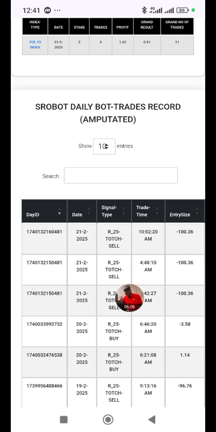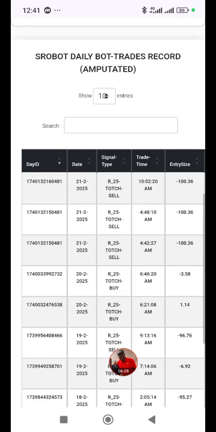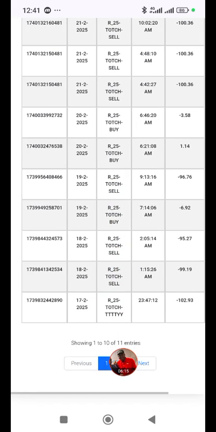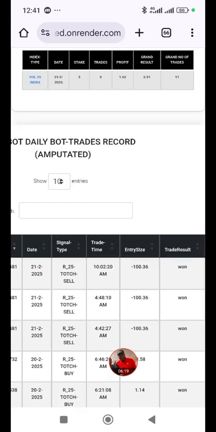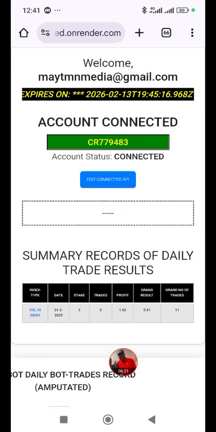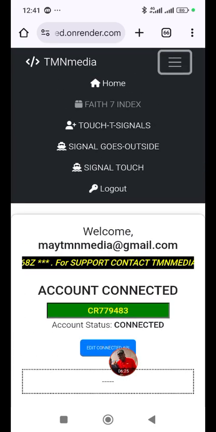If you see the report, there are days it trades buy and there are days it trades sells. For most of my students that understand the strategy, you understand the main trend. What this robot does is get the main trend. When it's trendy, it's going to trade the sell. When it's trendy, it's also going to trade the buy.